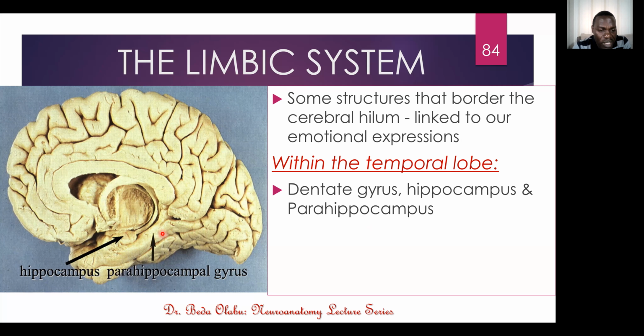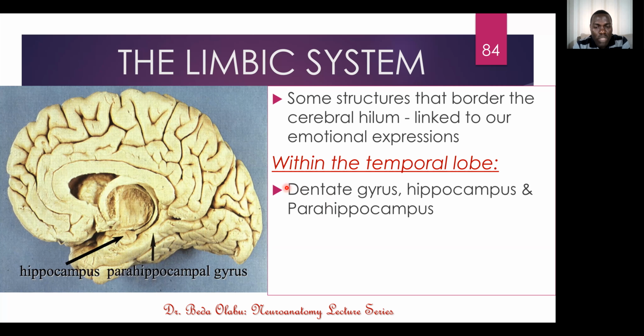If you have a small screen, you might not see it nicely. If you have a big screen, you might see it nicely or vaguely. But there's that thing there. In that groove, there's something hidden there. Usually, there's a gyrus inside there, which looks like teeth. We call it dentate gyrus.